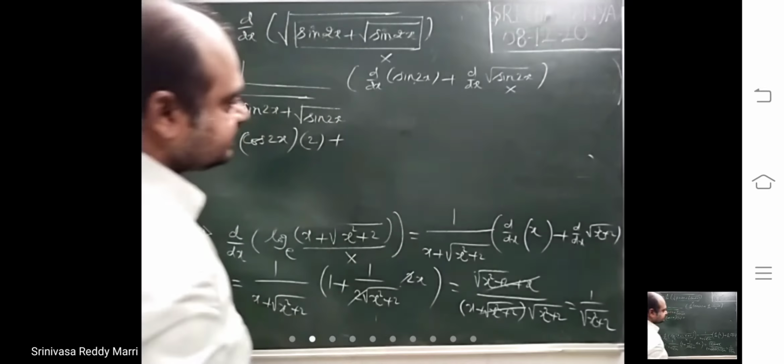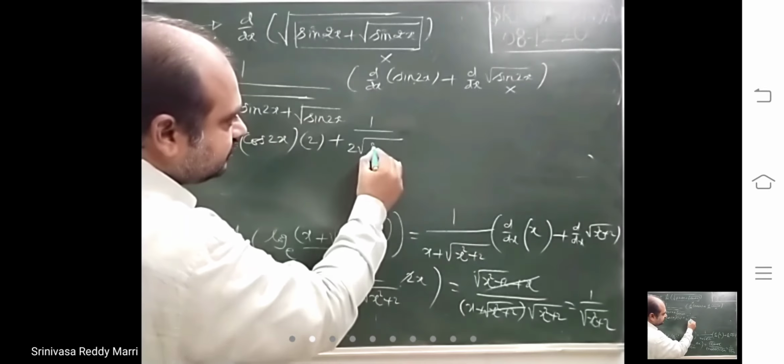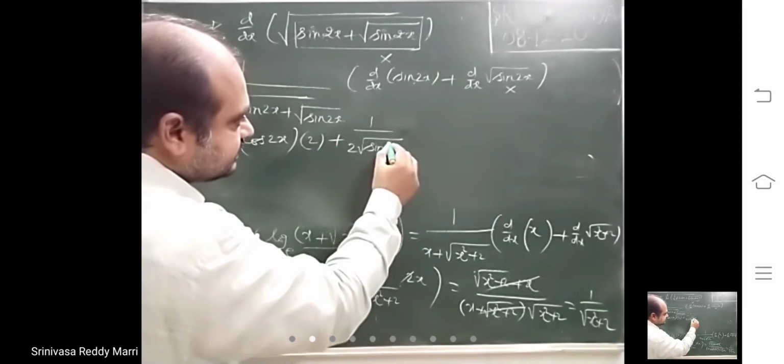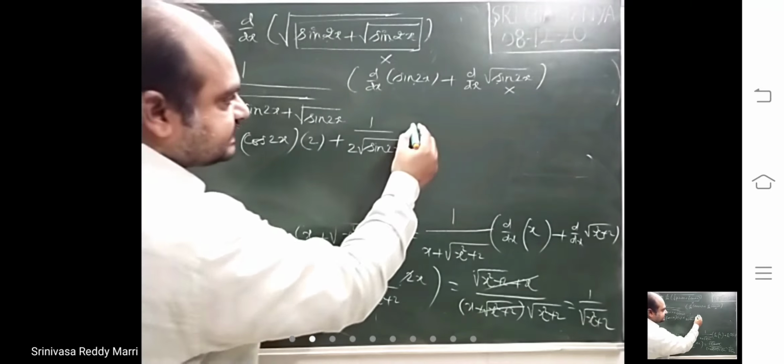This is x. 1 by 2 root of sine 2x into d by dx of sine 2x.